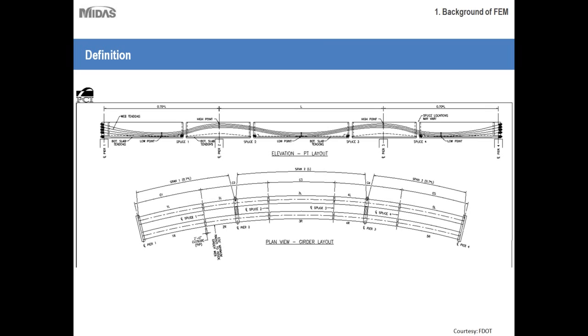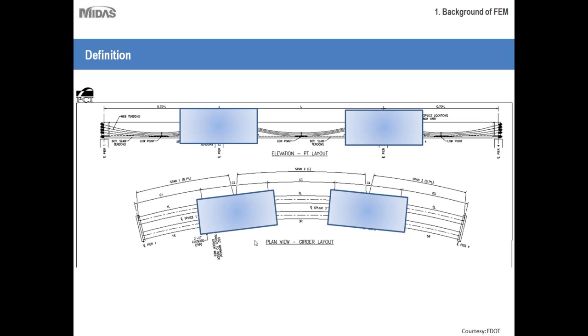This is somewhat in line with accelerated bridge construction practices, where you can cast these segments along the curvature, lift them up, and put them in the zone where it is supported over the piers.